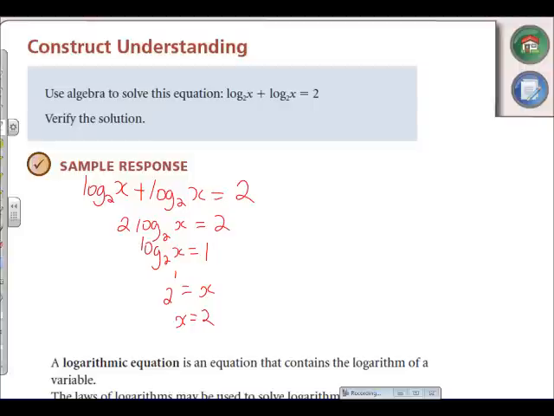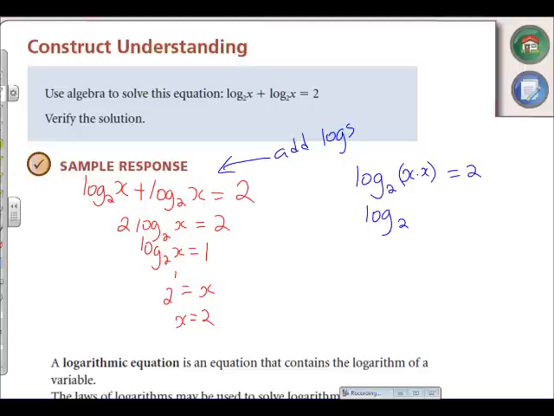We could have done it a different way. We could have at the beginning said, I'm adding logs, so we multiply within. So that would give us log base 2 of x times x equals 2. That's log base 2 of x squared equals 2.